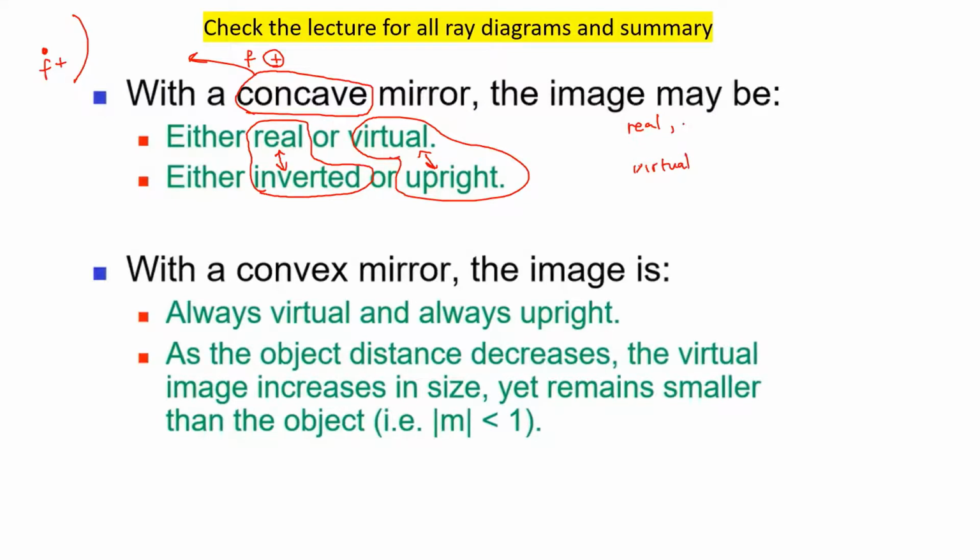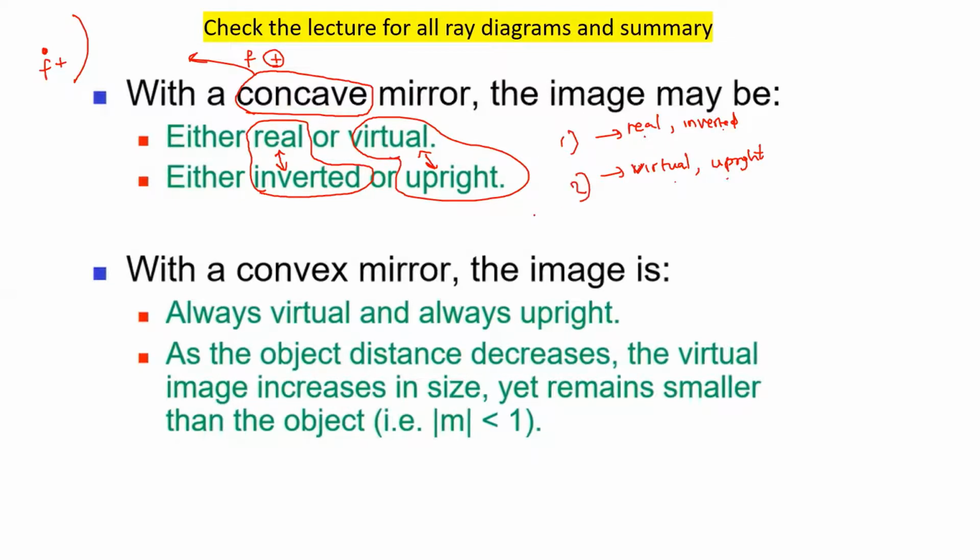If you are going to get a real, it will be inverted. If you are going to get a virtual, it will be upright. Just like the two examples we did, right? Real was inverted, virtual was upright. But we only did one example for the concave. So for concave, you can get either of the two scenarios.